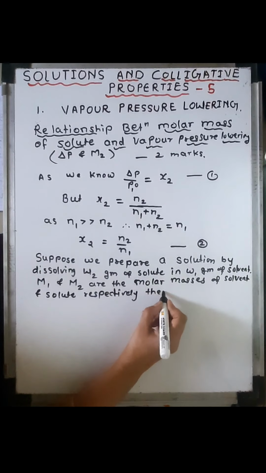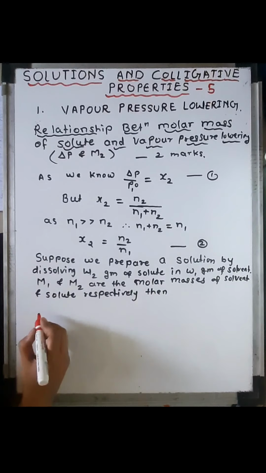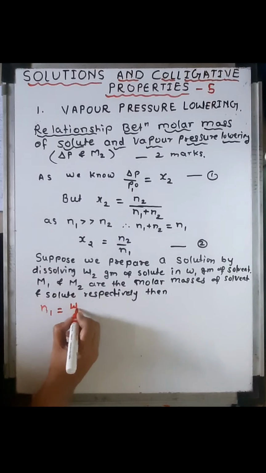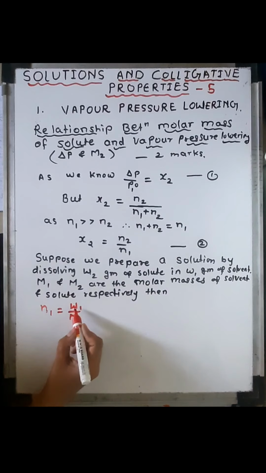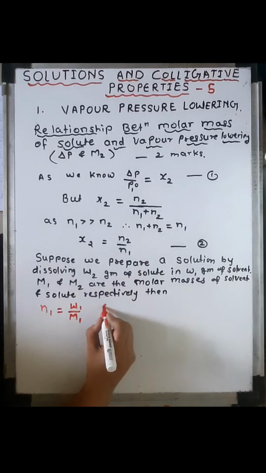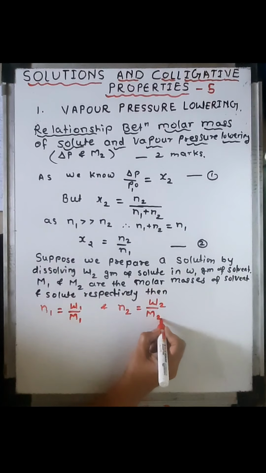Then N1 is equal to W1 upon M1. Number of moles is equal to weight of solvent upon molar mass of solvent, and similarly N2 is equal to W2 upon M2.